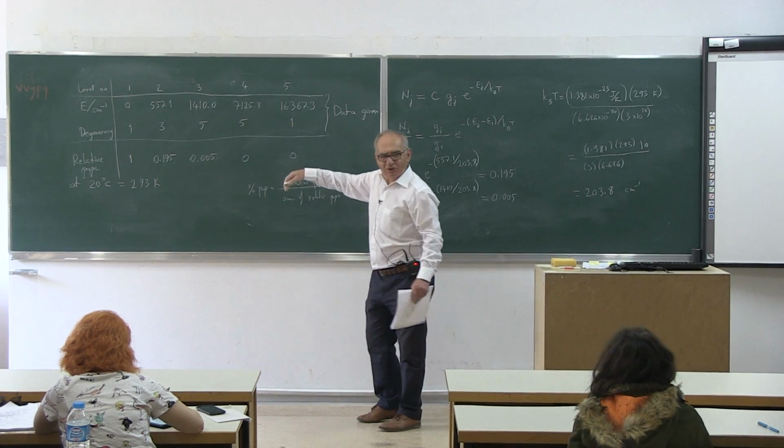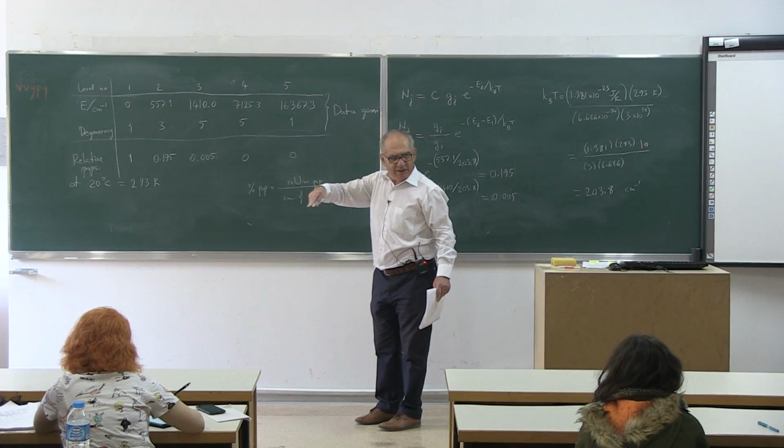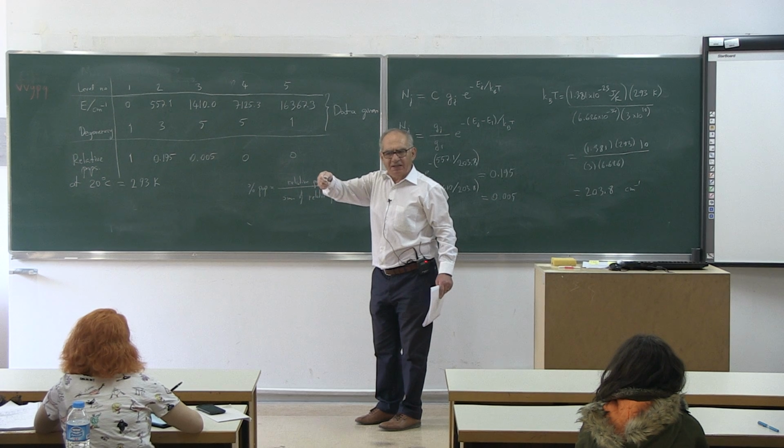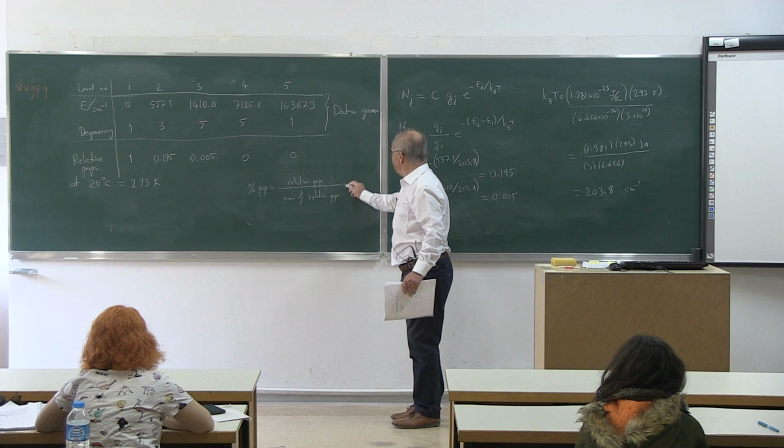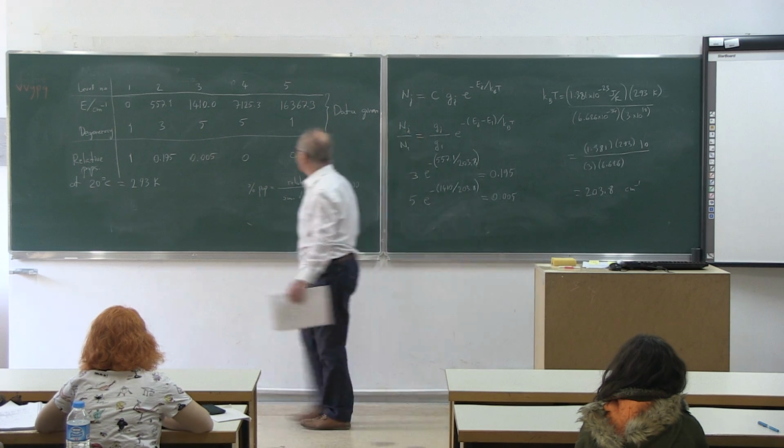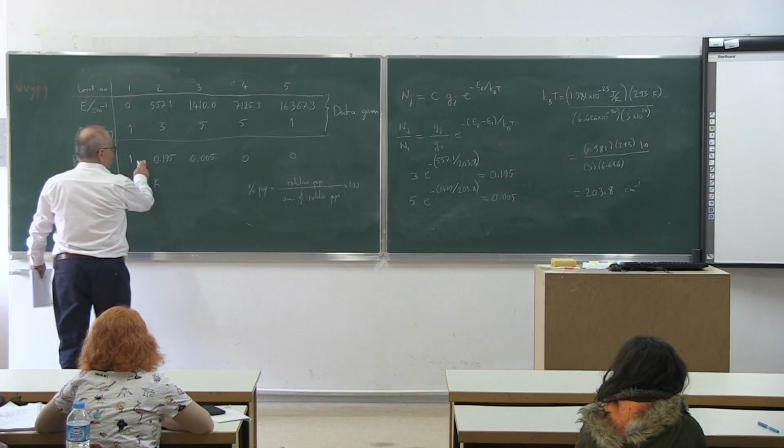This calculation is going to give you a number between 0 and 1. Percent means just multiply the fraction with 100. So if you multiply it with 100, you will obtain it. So let us look at the sum.